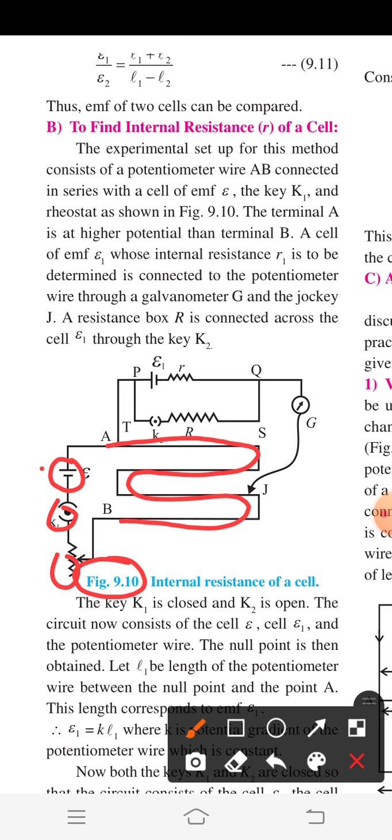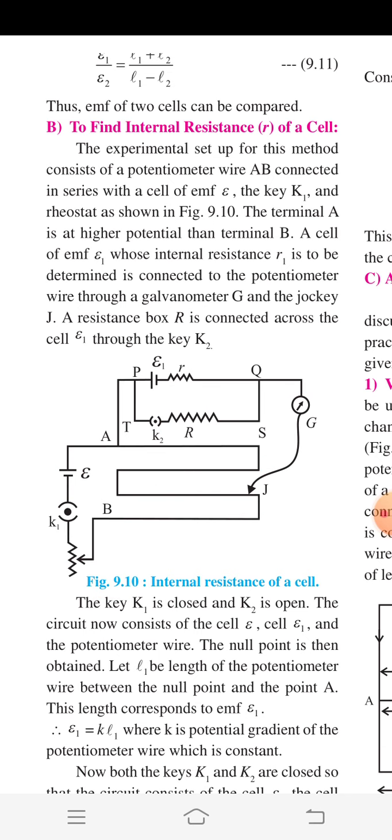A cell of EMF E1 whose internal resistance r is to be determined is connected to the potentiometer wire through a galvanometer G and jockey J. A resistance box R is connected across the cell E1 through key K2.